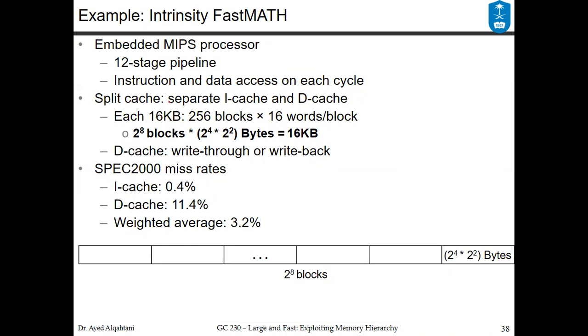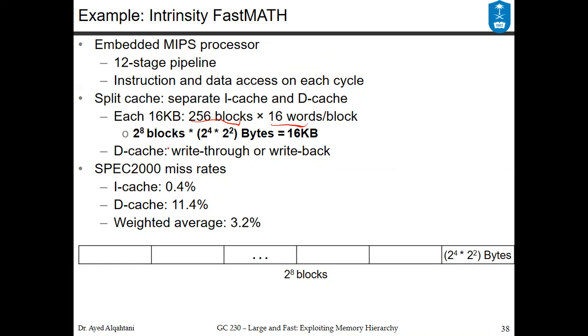Each 16 kilobyte cache is actually 256 blocks times 16 words per block. So you have 16 kilobytes, that is 256, which is 2 to the power of 8 blocks.